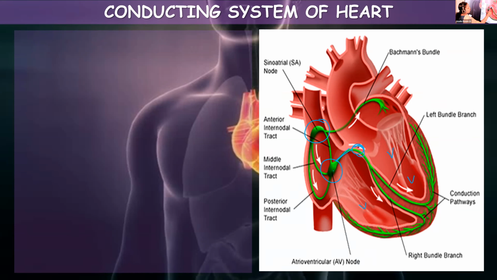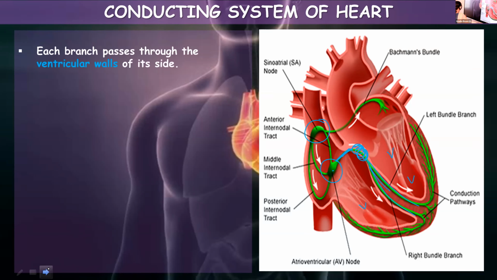So it will emerge on the top of the interventricular septum, and you can see it is getting divided into two branches. Hope it is clear. A bundle of nodal fibers, the AV bundle, arises from the AVN, passes through the atrioventricular septum, emerges on the top of the interventricular septum and gets divided into right and left bundles.